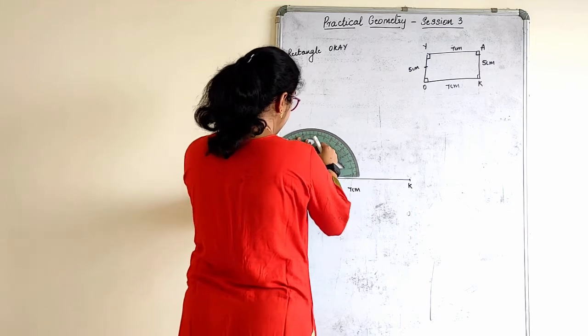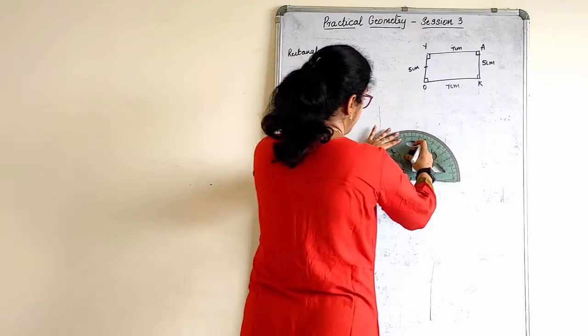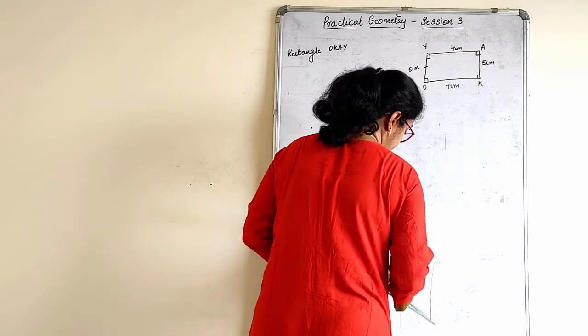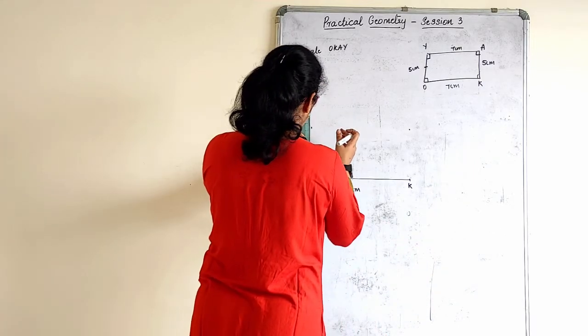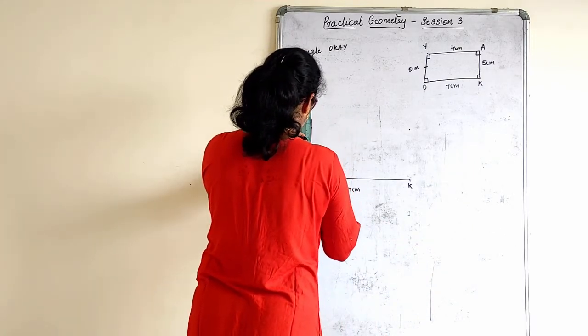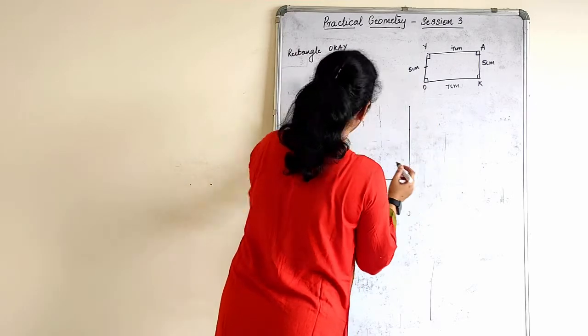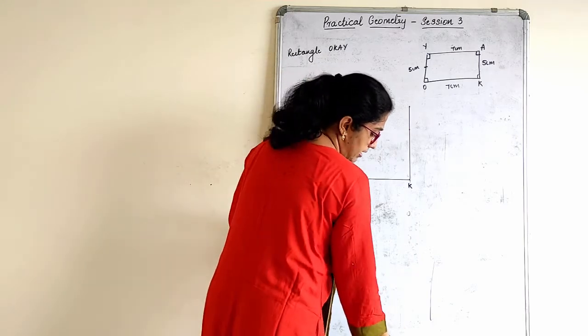We'll mark for 90 degree here. We'll mark for 90 degree here. Right? So just draw the lines first, just draw the imaginary lines.